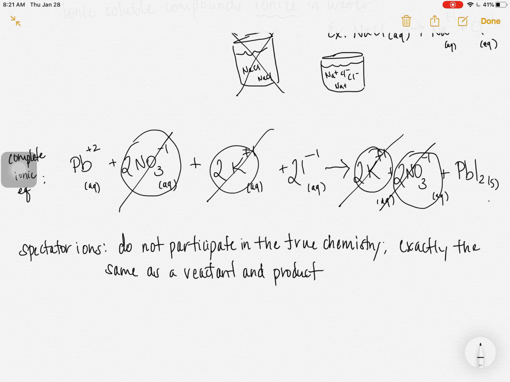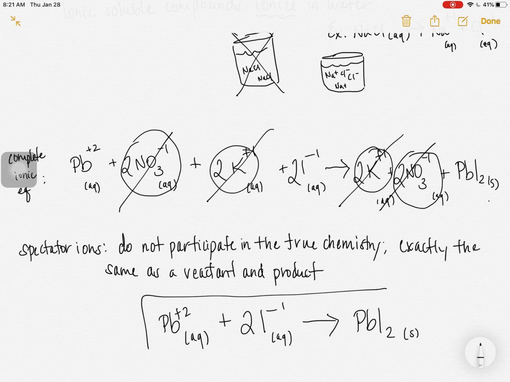Nothing happened to them. So once we remove the spectators, what's left over is the true chemistry, and that is called the net ionic. And so what we do is write down who's left. So we have a Pb +2 ion. We have 2 I minuses, or -1s, and we created the precipitate of PbI2.